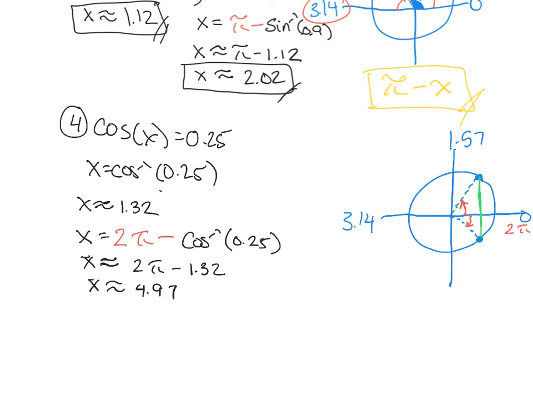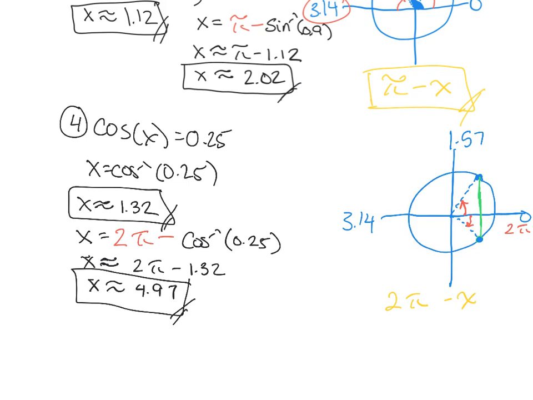So you should be getting the answers of 1.32, that's from your calculator, and with a little extra work, you get the answer of 4.97. So in the examples of cosine, we're going to start with 2 pi and subtract whatever our first answer was, so we can get our second answer.